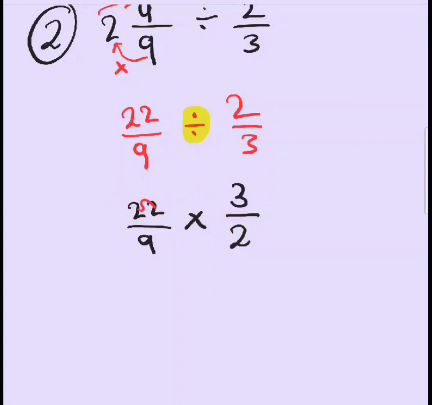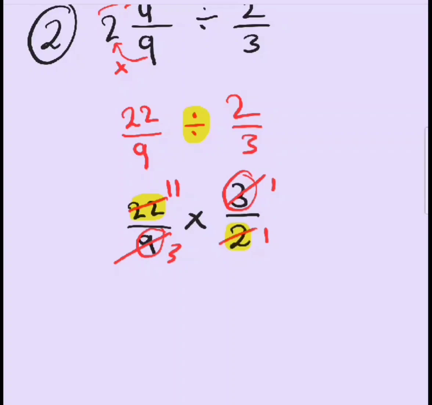So 22 and 2 have a greatest common factor of 2, so let's divide them both by 2. 22 divided by 2 is 11, and 2 divided by 2 is 1. 9 and 3 have a greatest common factor of 3. Let's divide them both by 3. So 9 divided by 3 is 3, and 3 divided by 3 is 1.